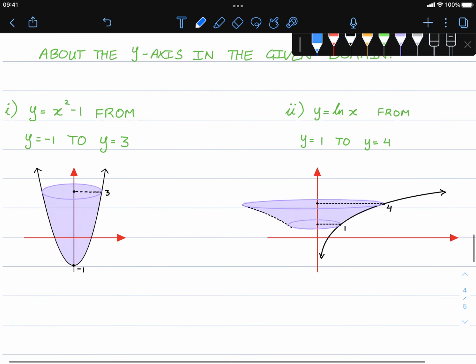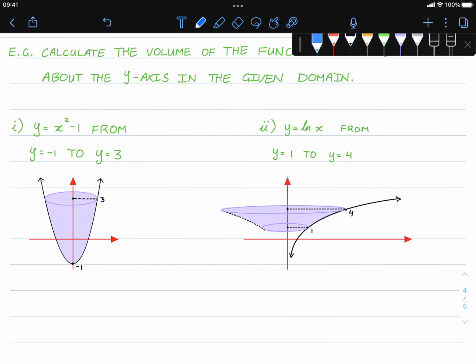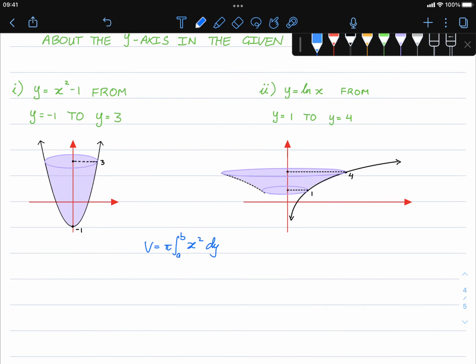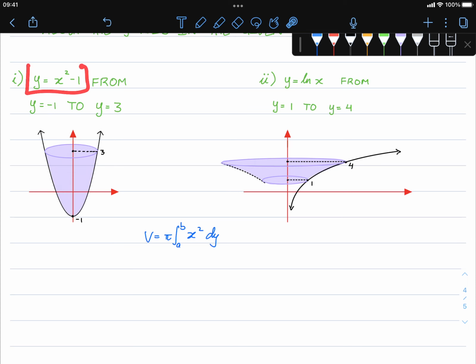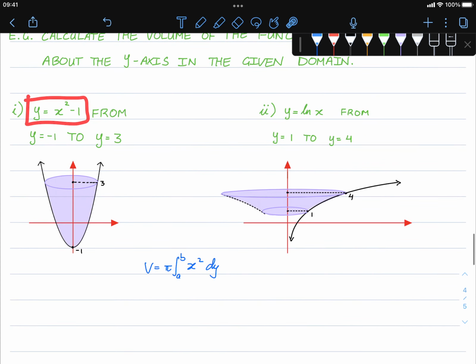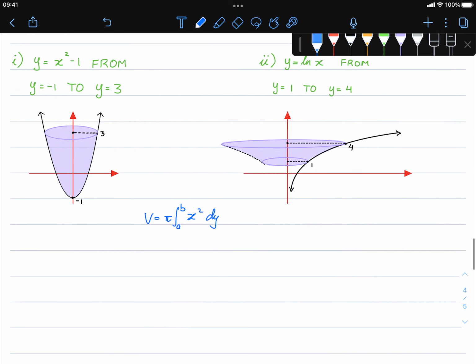So let's start first by recalling that the volume is equal to pi times the integral from a to b of x squared dy this time. So the first thing I hope you can see for this is we need to make x the subject, or in this case x squared the subject. That's nice and simple. We get x squared equals y plus 1.